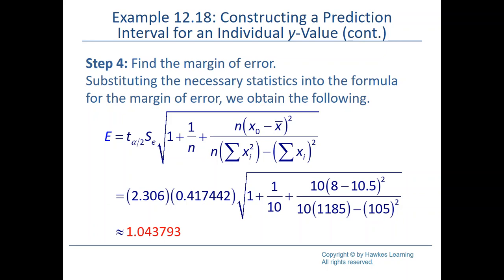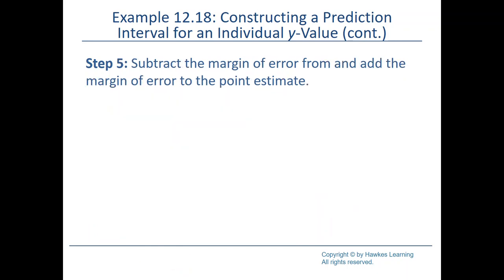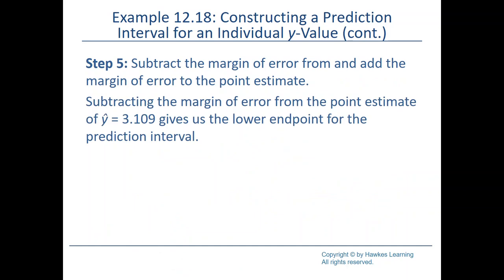Okay, so from here, now all you have to do to create your actual interval, now that you have your margin of error, is subtract the margin of error and add it. So you should have two numbers here from the original y hat that we were predicting from 8.